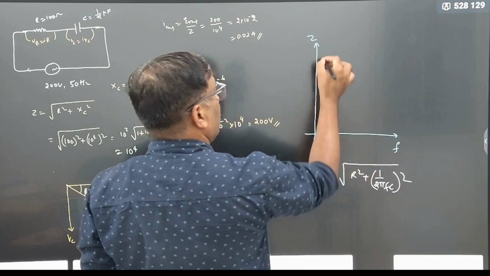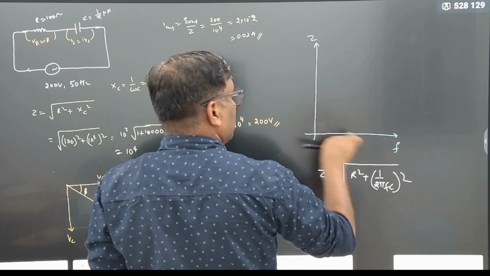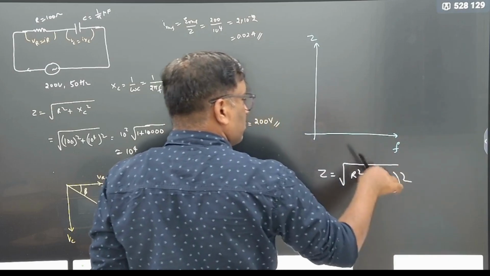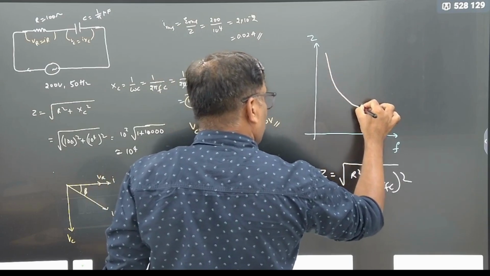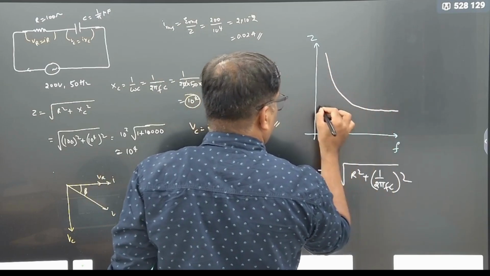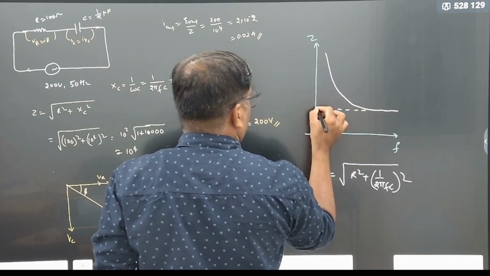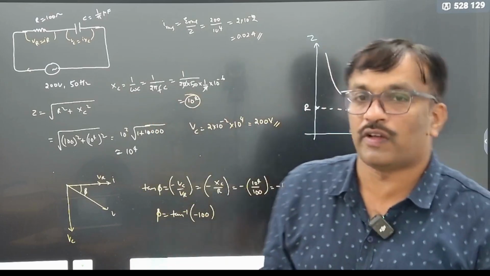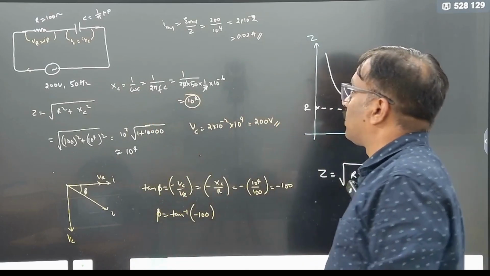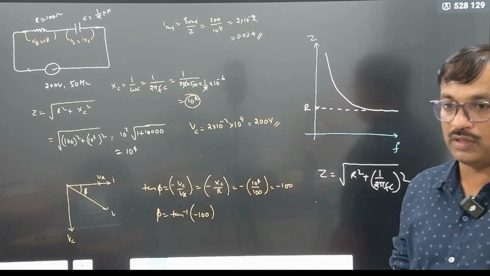As F goes to infinity, 1 by infinity becomes 0, so it comes to R. Finally it will become R. In this way, the variation of impedance with frequency in an RC circuit is possible.